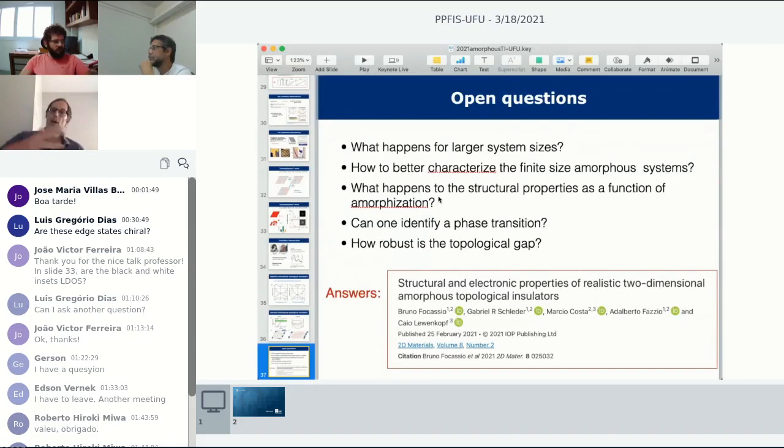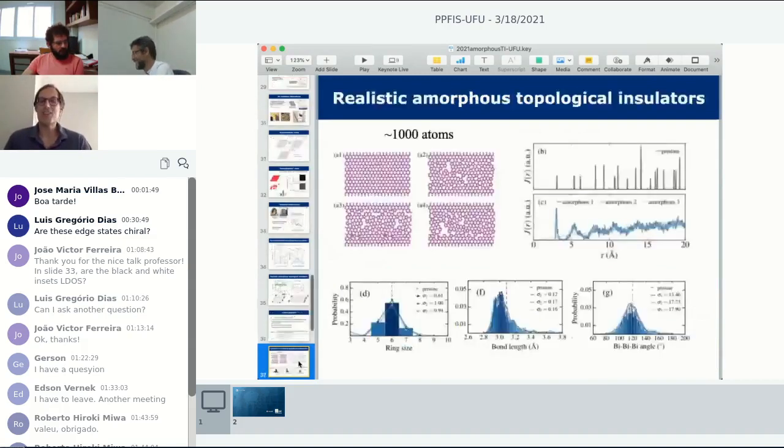Can you understand if this is a continuous or non-continuous process? For that, we need a different model. Can you identify a phase transition? And lastly, how robust is the topological gap? It took us more than a year to come up with some of the answers. And since my time is running out, and you kept asking me about a paper by a different set of authors, let me just flash the main results here.